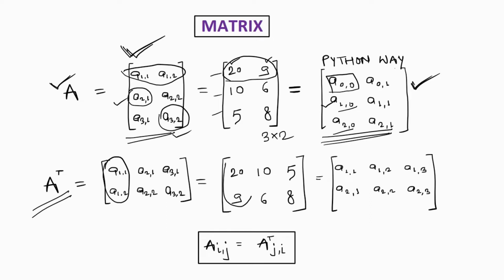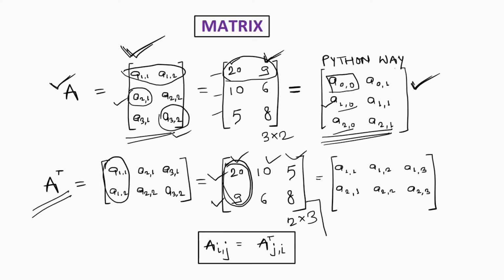So as you can see, 20 and 9 were the elements which were initially there in the first row of the original matrix. It becomes the column of the transpose matrix, and hence the shape of the transpose matrix becomes 2 by 3 because the transpose matrix has 2 rows and 3 columns.